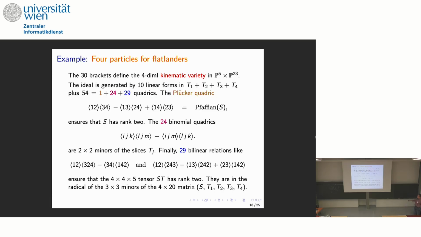So these relations ensure that the 4 by 4 by 5 tensor S,T, so by this I mean the following. S is a 4 by 4 matrix. T is a collection of 4 by 4 matrices. If I have 5 4 by 4 matrices, I can package them and make a 4 by 4 by 5 tensor. That tensor, as a tensor, has rank at most 2.